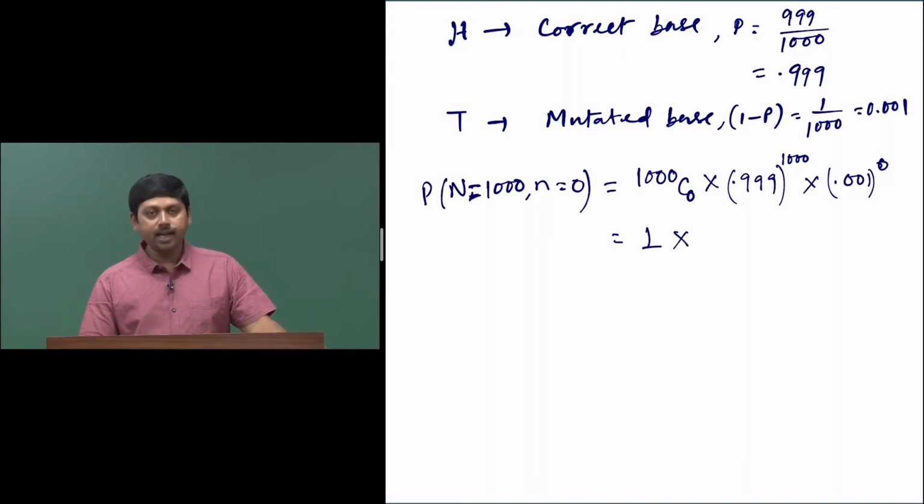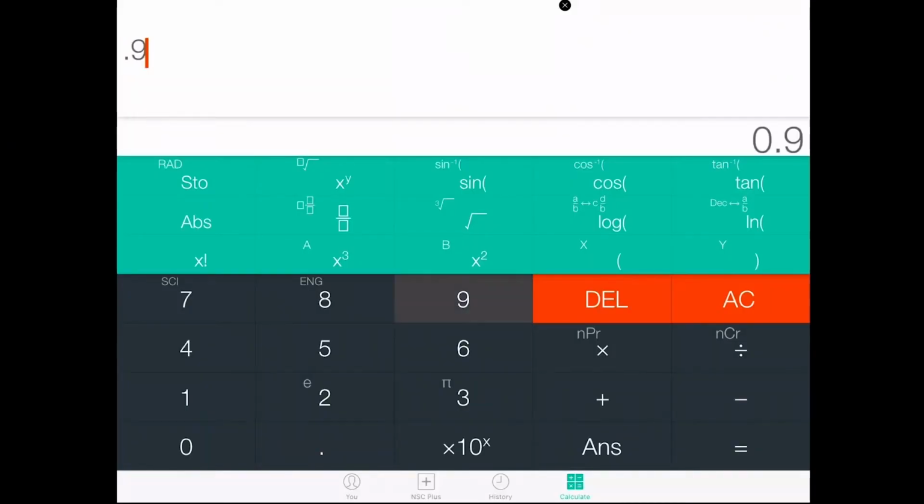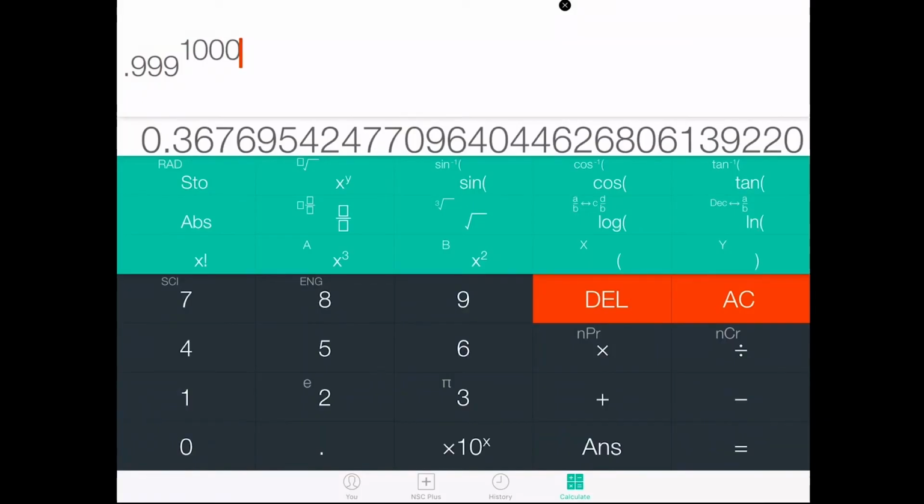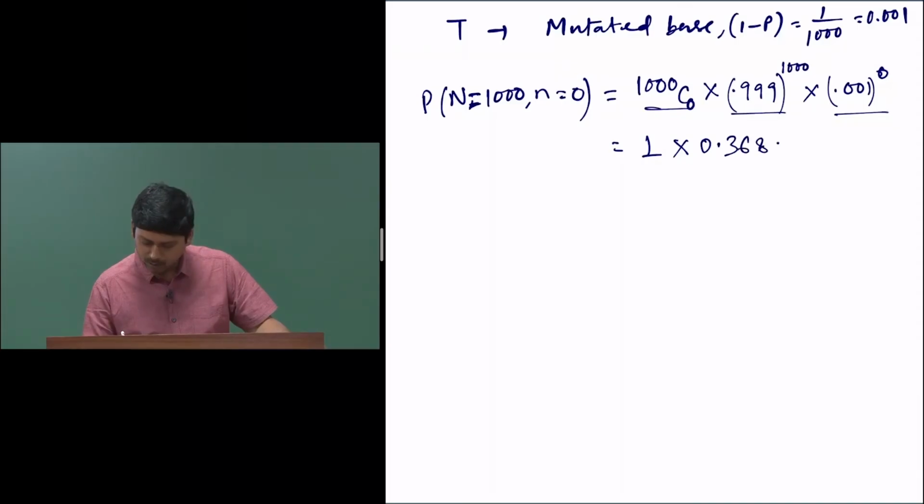The 0.001 to the power 0 is of course 1. This one we have to calculate, so let us use the calculator. 0.999 to the power 1000 is 0.368. 0.368 into 1 is 0.368.